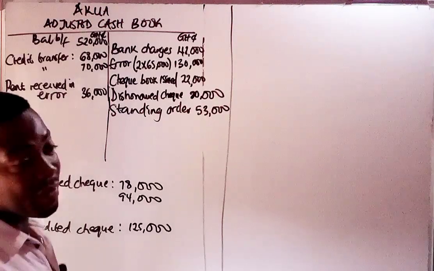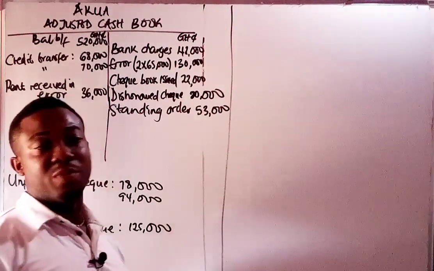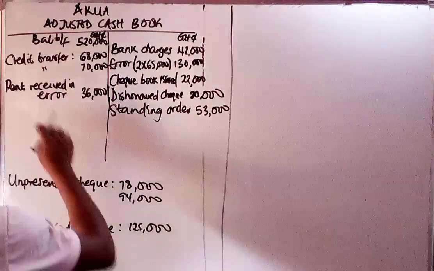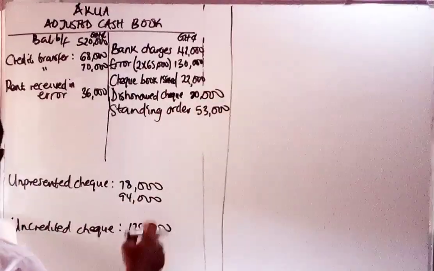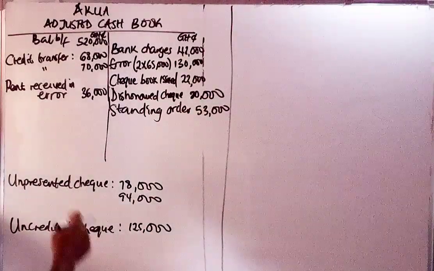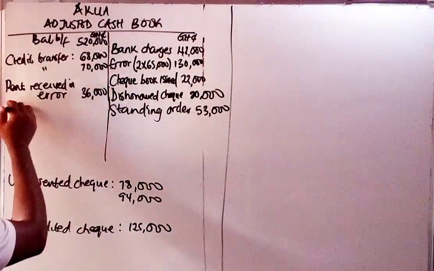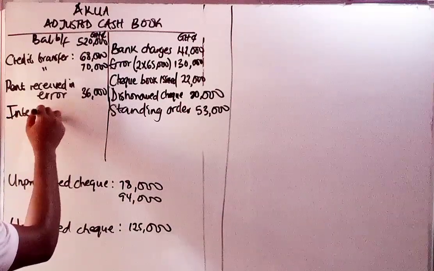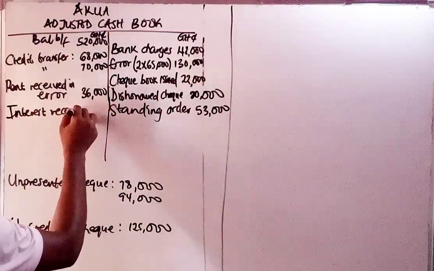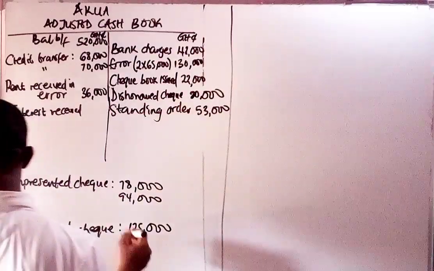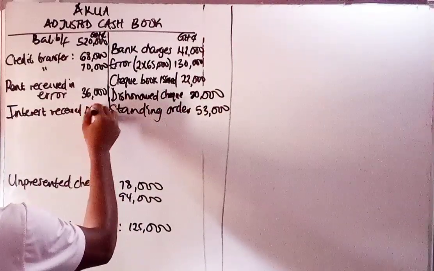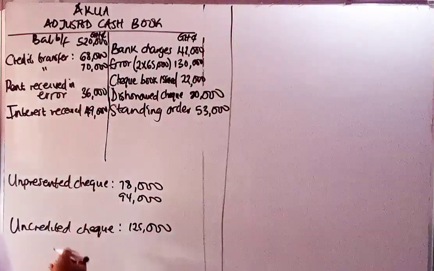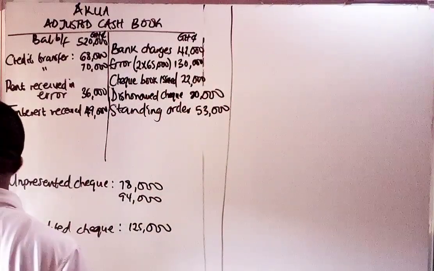So we're also going to debit it. That's treasury bill and investments they made, the interest. Okay, so I'm going to write here interest received. Okay, how much is it? 49,000. Okay, so that is all.